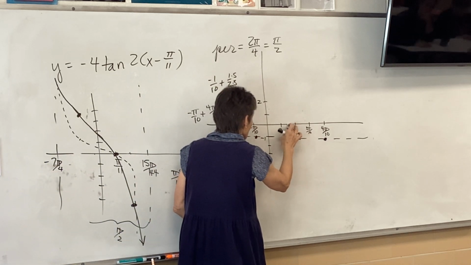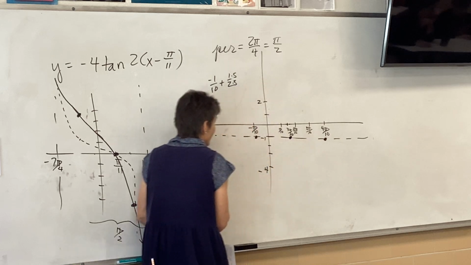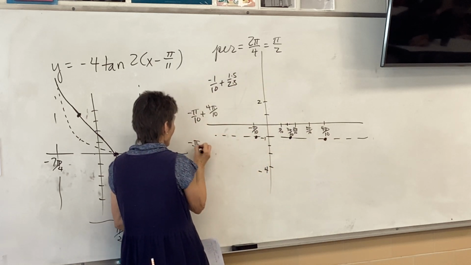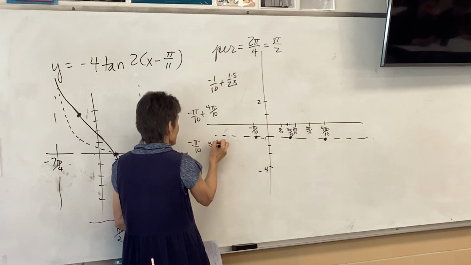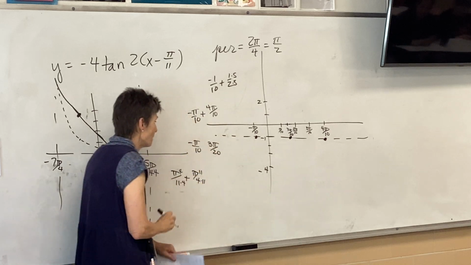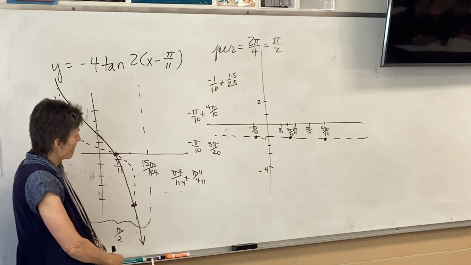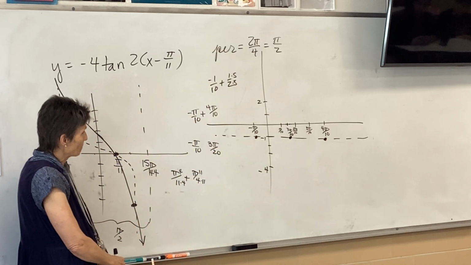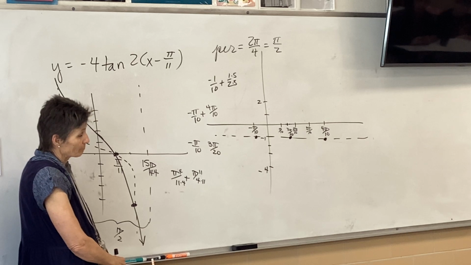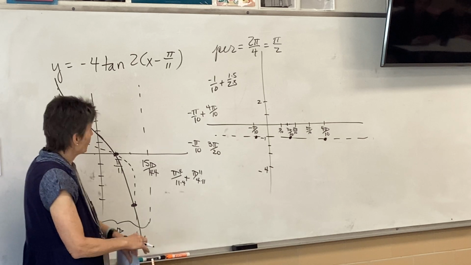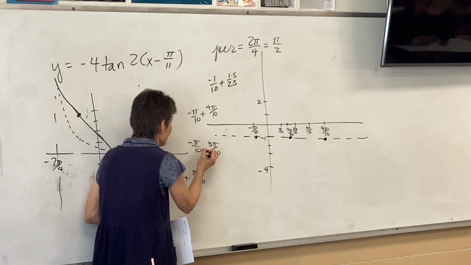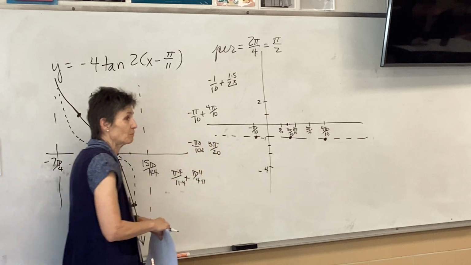So what is right in the middle then of -1/10 and 3/20? What's in the middle of those two? No. This would be -2 and +3.